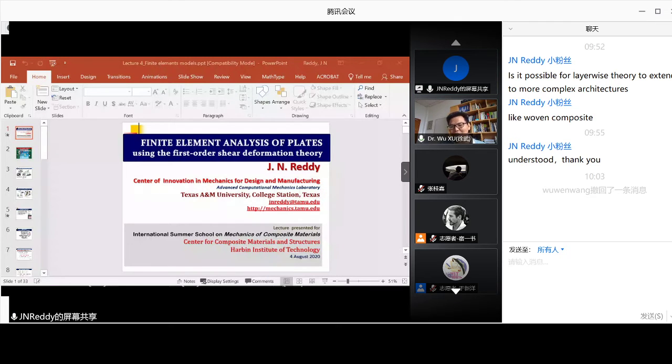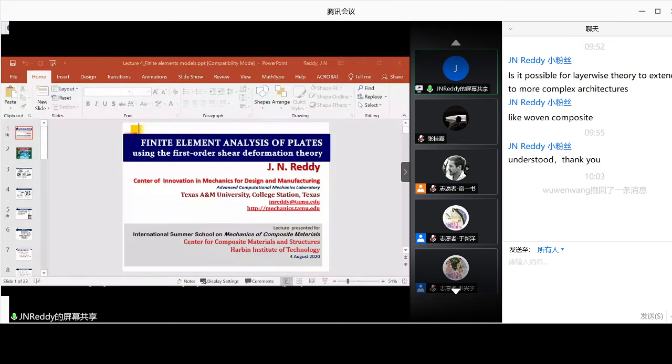Okay. So time's up. So let's start our second lecture. All right. The second lecture is dedicated to the topic of finite element analysis of plates using the first order shear deformation theory.